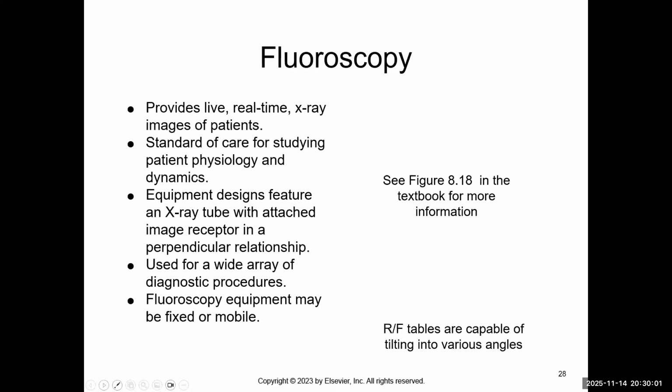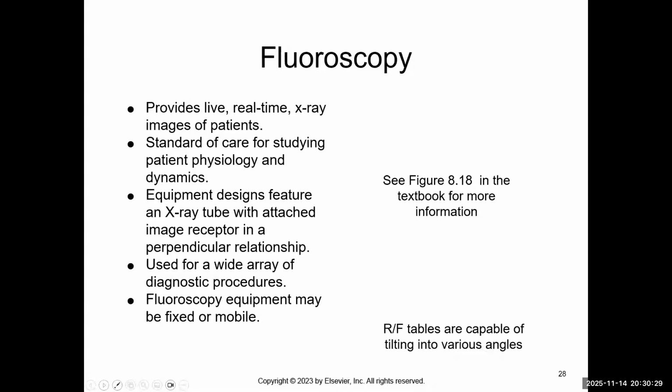Equipment designs feature an X-ray tube with an attached image receptor in a perpendicular relationship. So with our fluoro units, whether it's a rad fluoro unit or a C-arm, it also has some sort of image receptor, detector, or image intensifier, or a DR panel is where we're going with the newer technology.